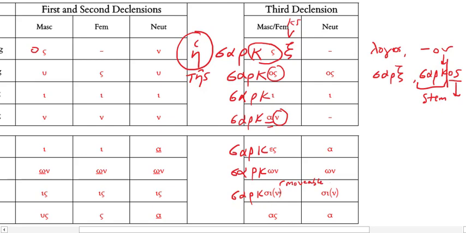So the nu is not really a case ending. It's just a consonant that's added to break up vowel sequences. So the kappa sigma is going to become a xi. So sarx, let me write that over here.